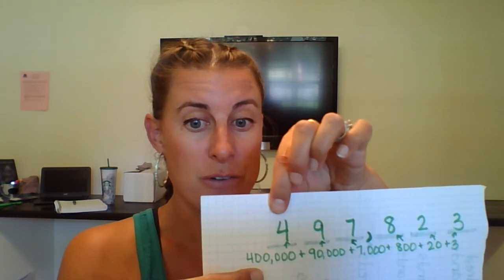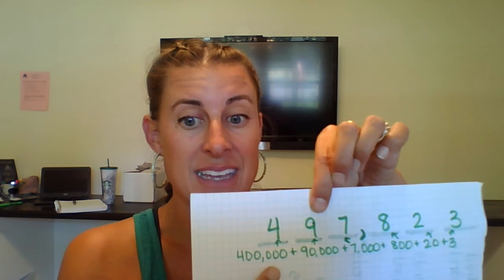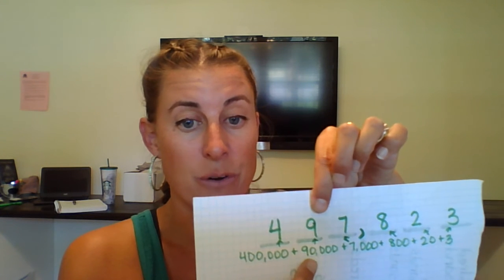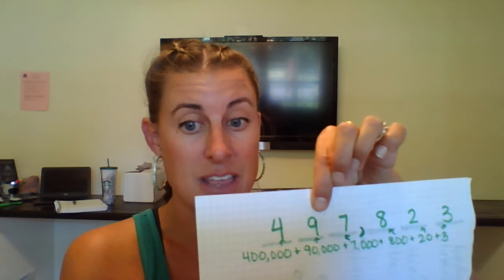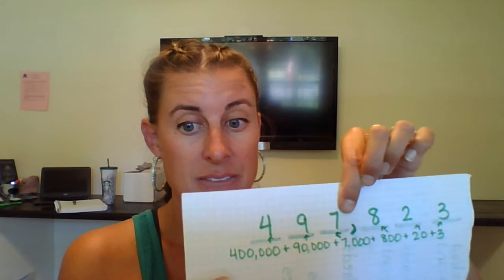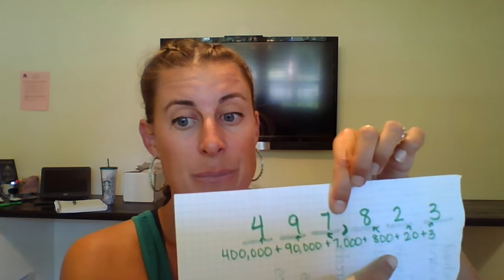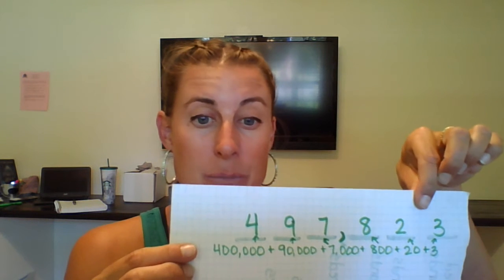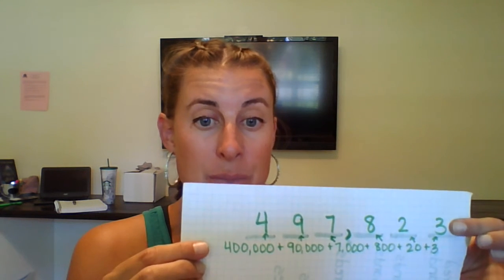So this is 400,000 plus 90. Do you guys see the 90 right there before the 1,000? So it's 90,000 plus 7,000 plus 800 plus 20 plus 3. It's just a fun way of breaking apart or decomposing this number into expanded form.